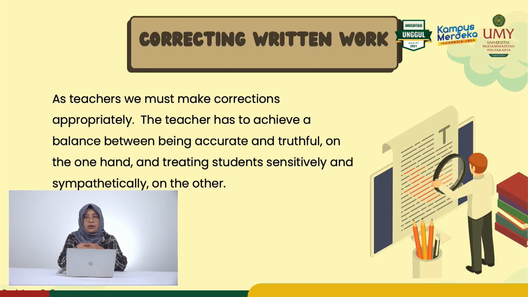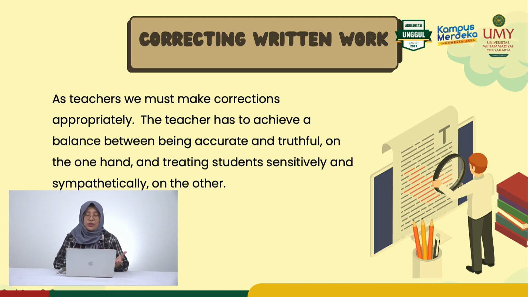And what should teachers do to correct the students' writing? So as teachers, of course, we have to make corrections to students' writing appropriately. So the teachers have to achieve a balance between being accurate and truthful on one hand, and treating students sensitively and sympathetically on the other.